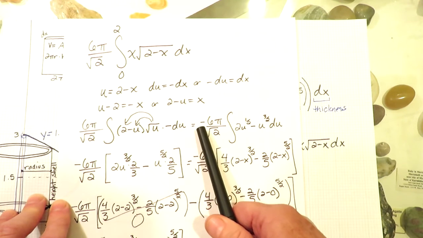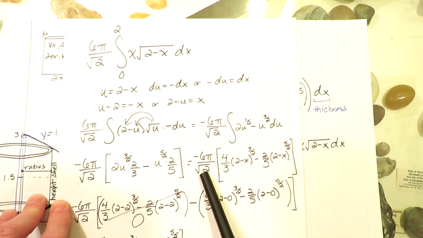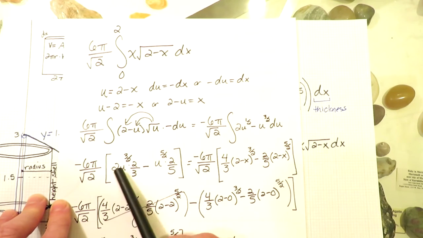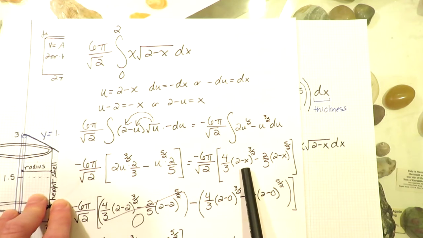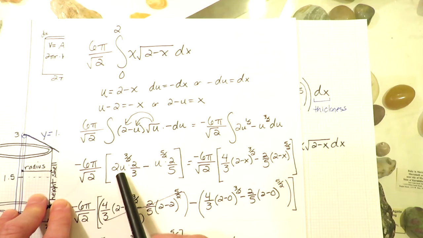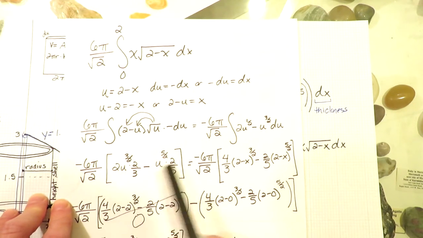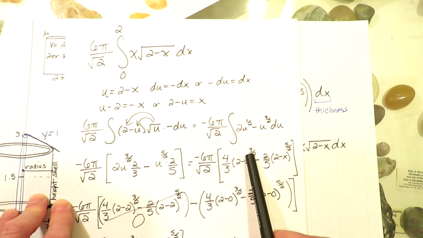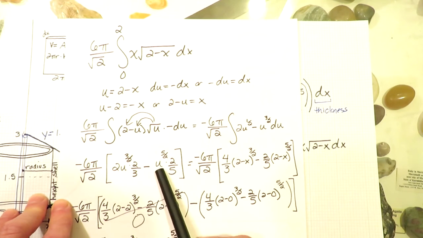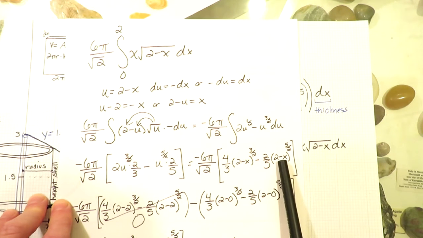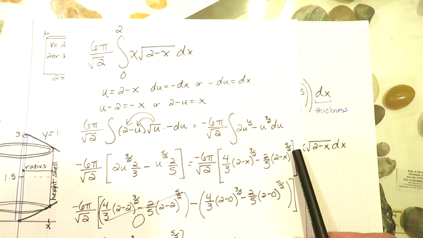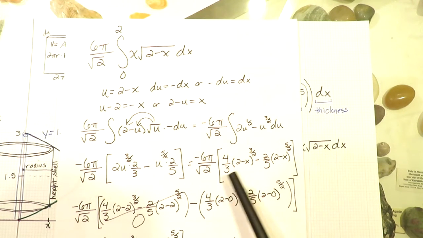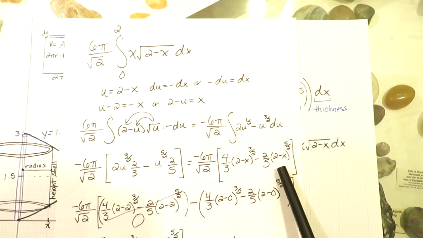And so I get this expression, with just my constant multiple. 2 times 2 is 4, so 4/3. 2 minus x is now replacing u, because I started off with x and not u. And that is raised to the 3/2 power. And then minus, again, the u is getting replaced back with 2 minus x to the 5/2 power. By the fundamental theorem of calculus, once I find my antiderivative, that's what this is.